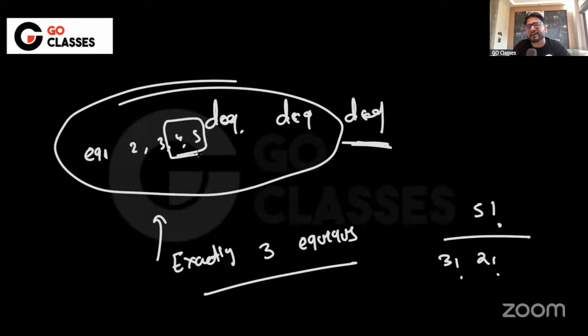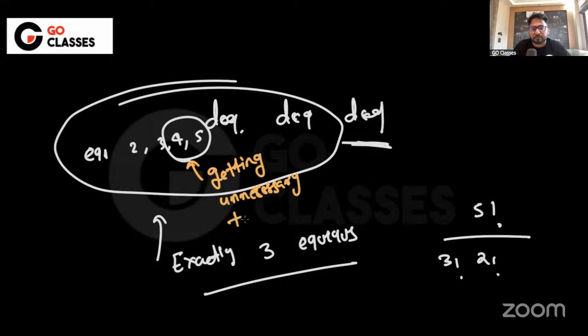Then 4 and 5 are getting unnecessarily transferred to S2, which is not good. So if there are N NQ operations and M DQ operations you want to do, right?